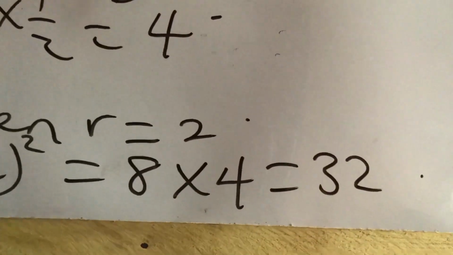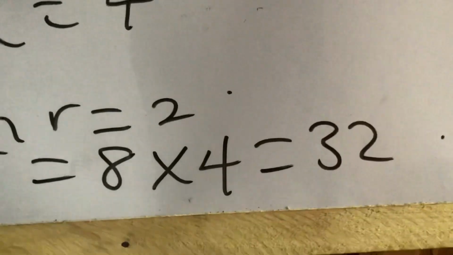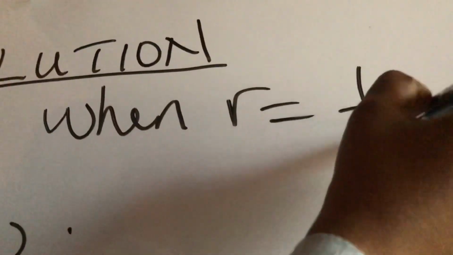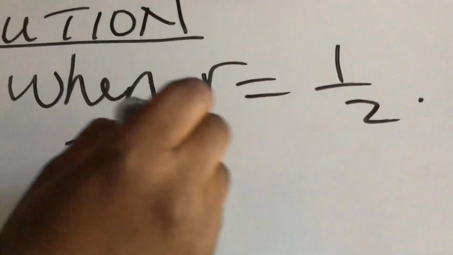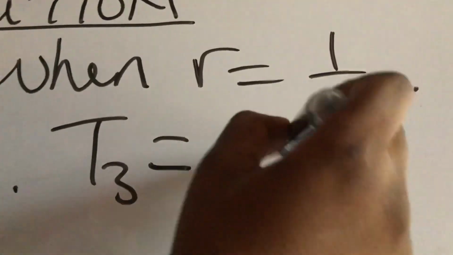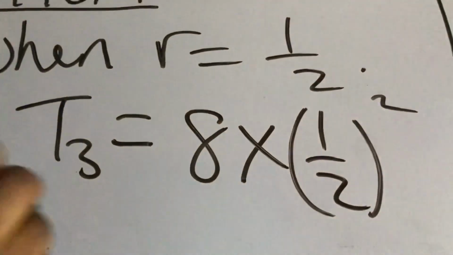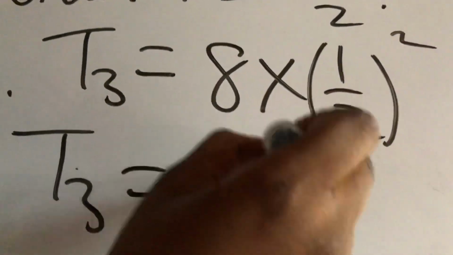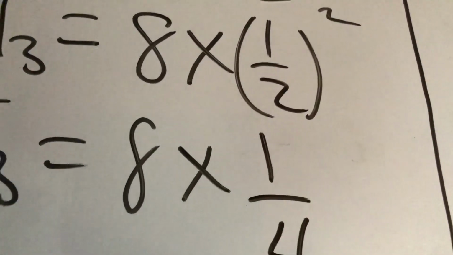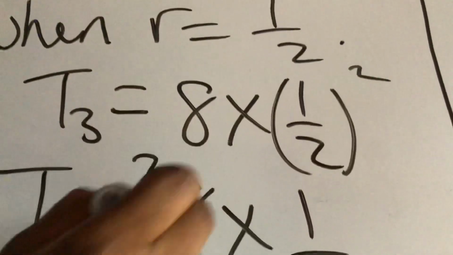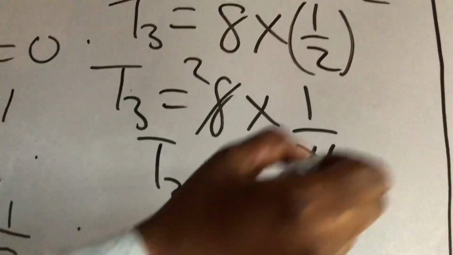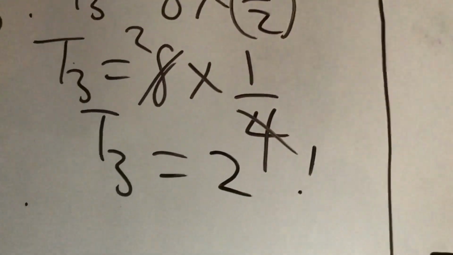And when r is equal to 1 over 2, permit me to write it here. The third term will be equal to 8 multiplied by (1 over 2) squared. So the third term will be equal to 8 multiplied by 1 over 4. Here 1, here 2. So the third term will be equal to 2.